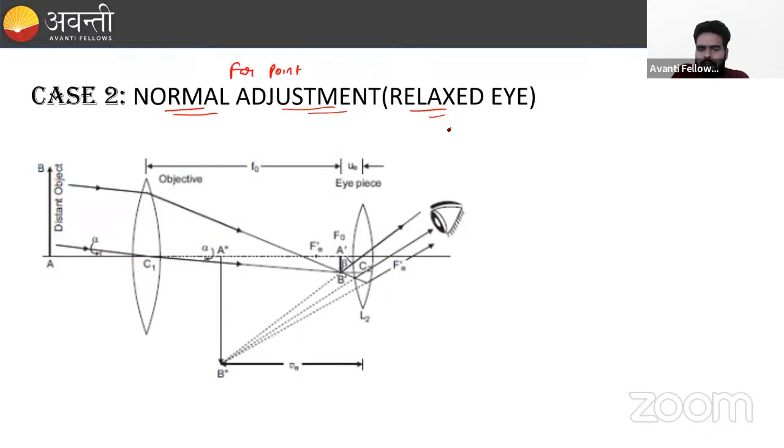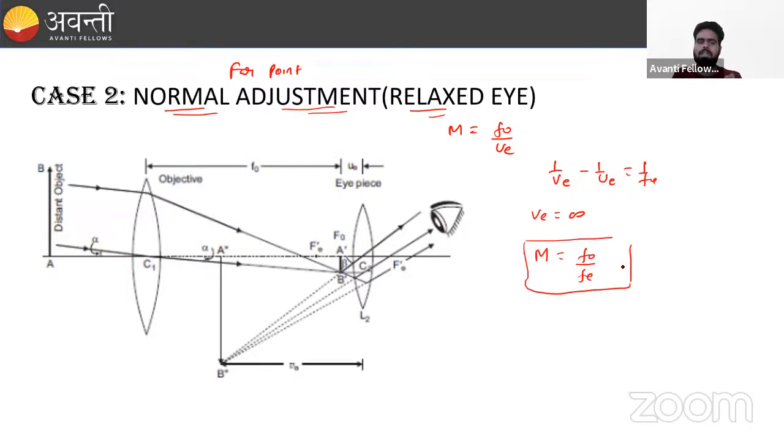So the general formula is fo upon ue. When the final image is formed at infinity, if we again apply the formula 1 upon ue equal to 1 upon fe, putting v equal to infinity, we get that the magnification becomes fo upon fe in magnitude. Sometimes it is asked in the problem, what is the tube length?